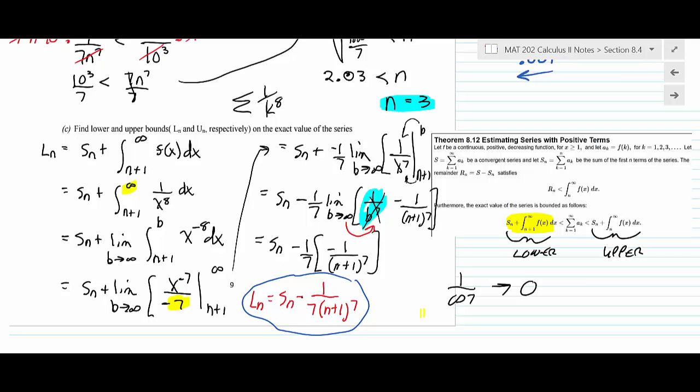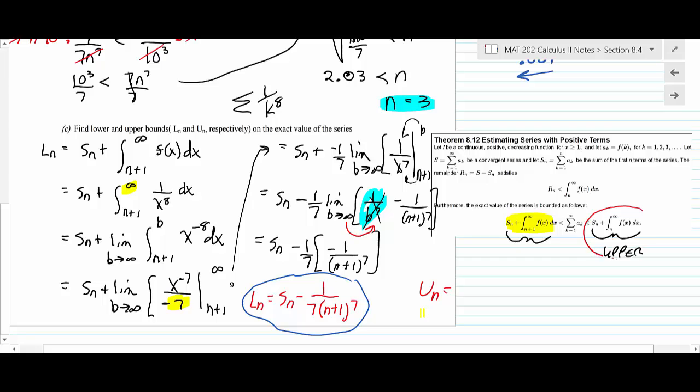Now what we can do is we're going to go ahead and find the upper bound, but we've already really kind of found that. If you go back to part A of the problem, your upper bound, which we'll say u sub n, well, here's your upper bound right here. That's the expression. So you say S of n, and we already did this improper integral.